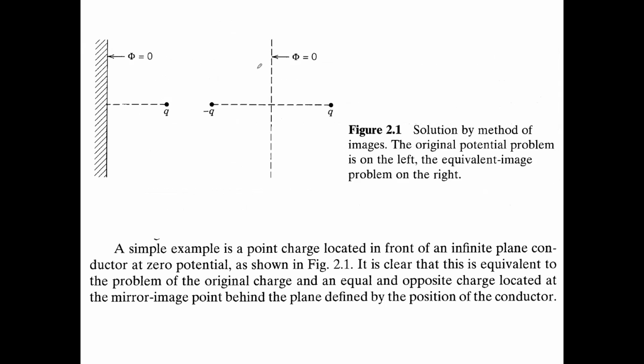Instead, you have another charge at the other side of your x coordinates. Let's say this is x. This is your origin. If you put an image charge, which is negative, which is the opposite sign to your original charge but has the same magnitude, what happens?